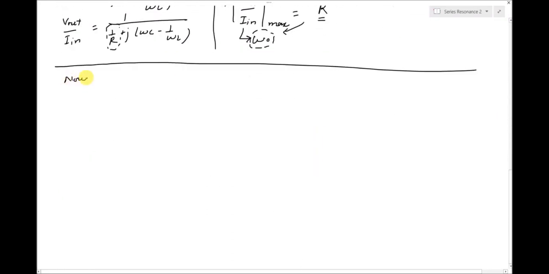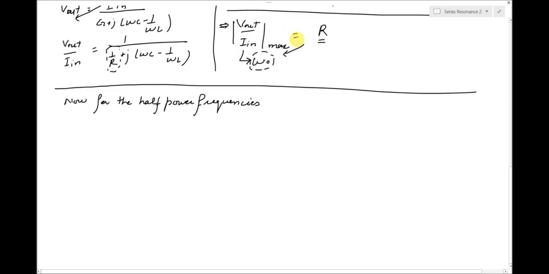So now for the half power frequencies, the term Vout over Iin maximum was equal to resistance. For the half power frequency, it will become R over root 2.